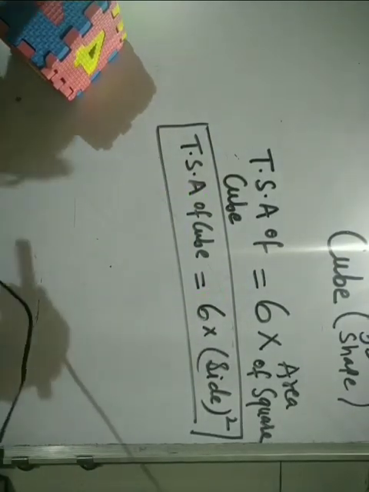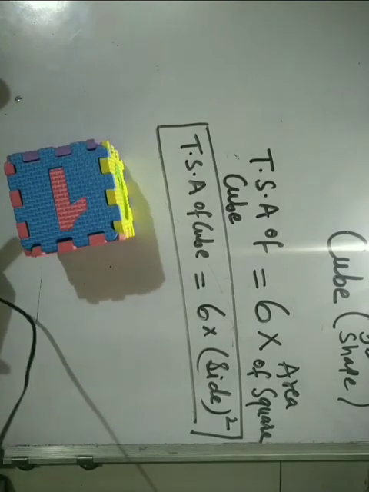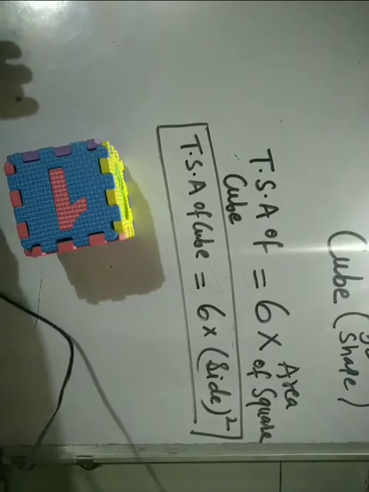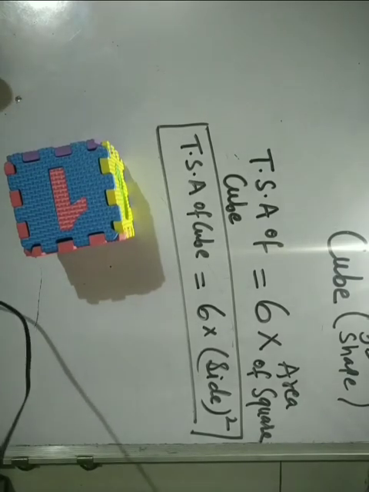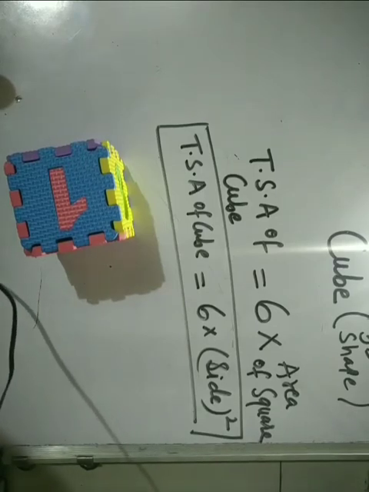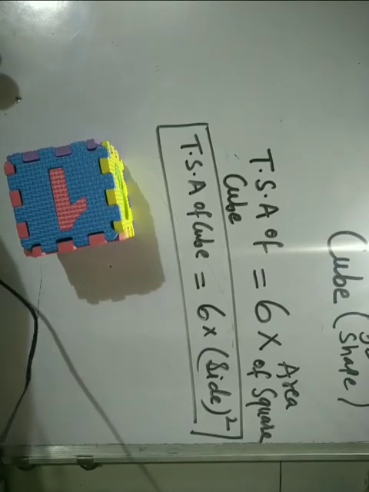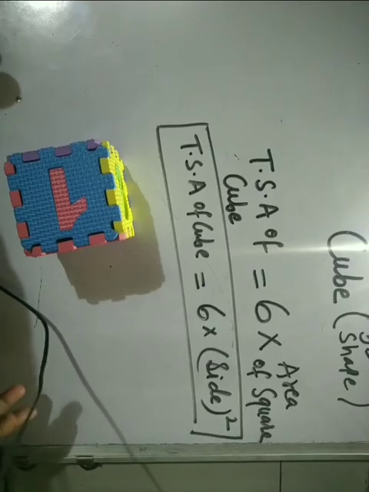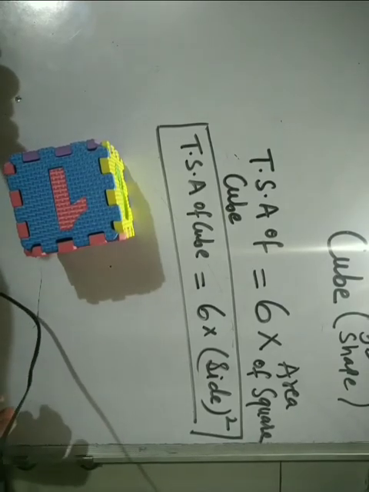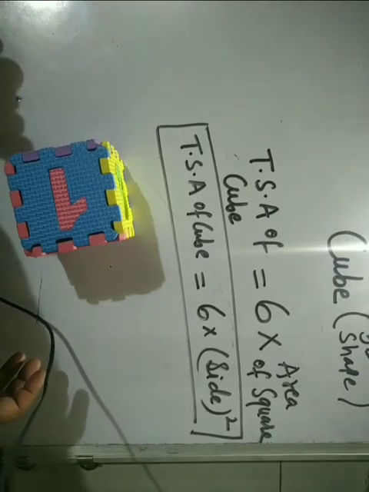So this is how we have got all the 3 formulas: the volume of cube, curved surface area of cube, and total surface area of cube. Now I hope you don't have to mug up those formulas. You will be easily able to learn them and apply them whenever there is a word problem.